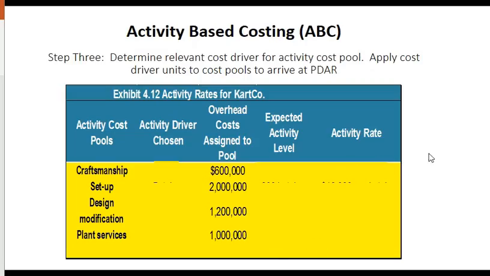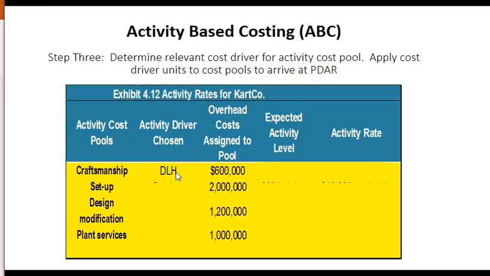Now step 3: determine the relevant cost driver for each activity cost pool and apply the cost driver units to cost pools to arrive at a predetermined activity rate. Here are our separate cost pools: craftsmanship, setup, design modification, and plant services, from our previous slide. Now we have to determine the most appropriate activity driver for these costs.